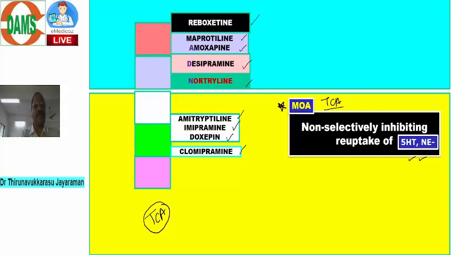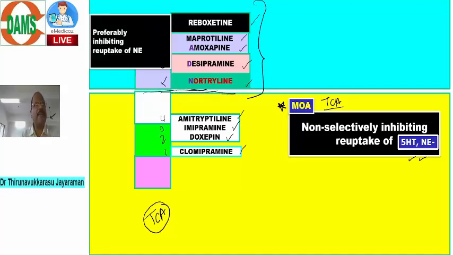If you look at my slide, same 1, 2, 3, 4, 5, 6, 7, 8, 9. Here I put one demarcation, because these 5 drugs preferably inhibit reuptake of norepinephrine than serotonin.